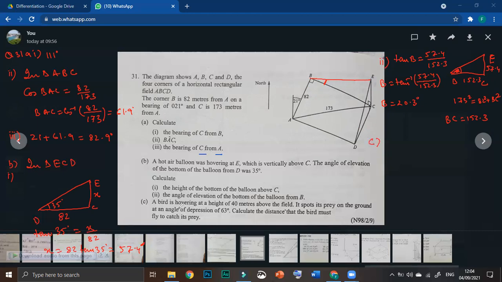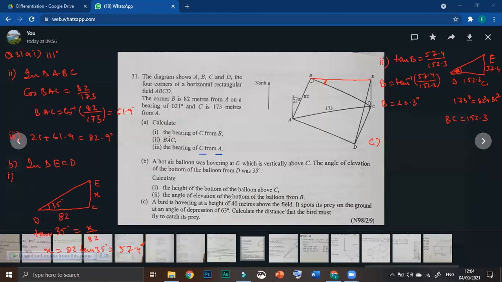In part number C, a bird is hovering at a height of 40 meter above the field. It spots its prey on the ground at an angle of 63 degree. Calculate the distance the bird must fly to catch the prey.